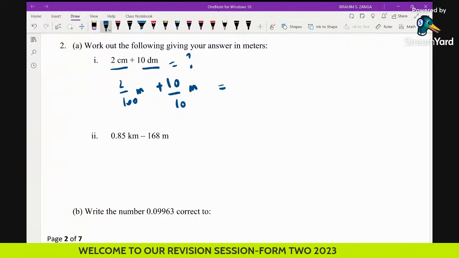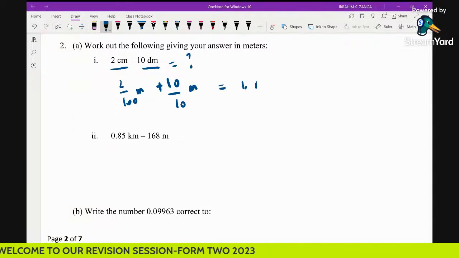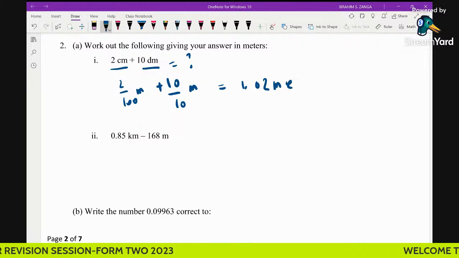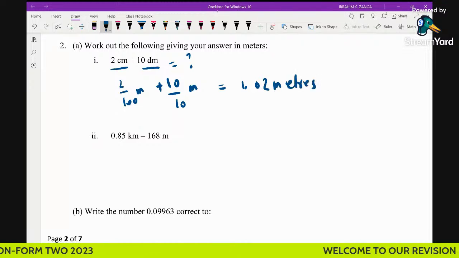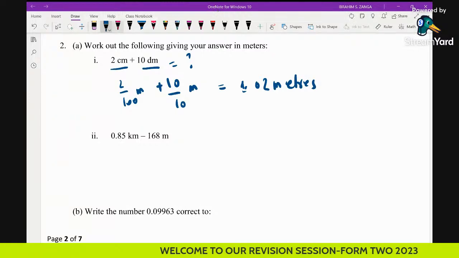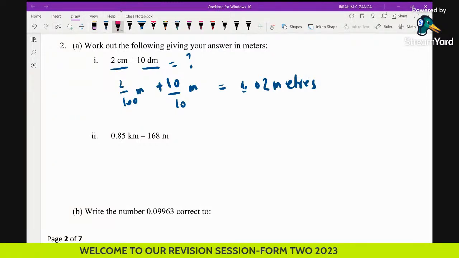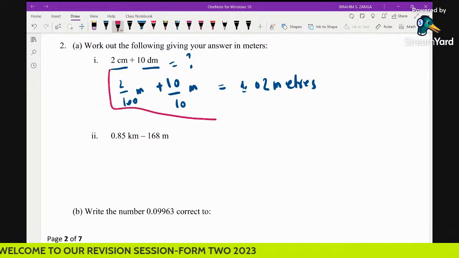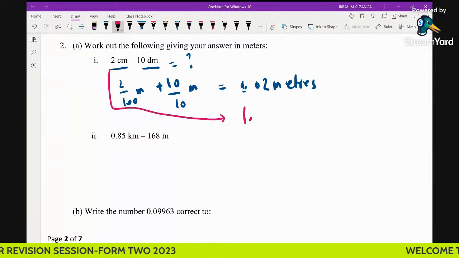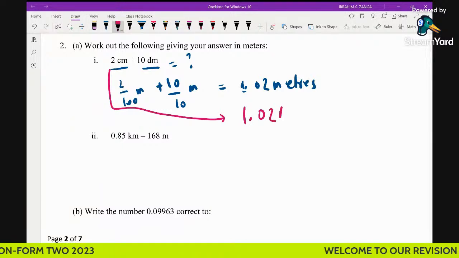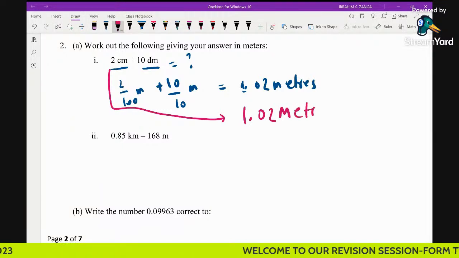Eventually you have 1.02 meters, dear students. As you can see, this is equivalent to 1.02 meters.